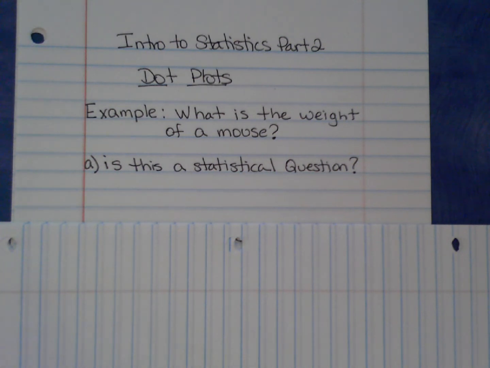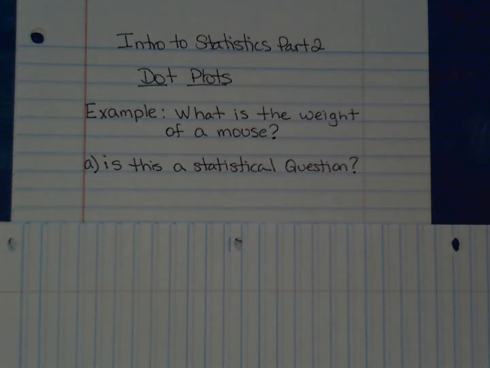So when you ask a question like, what is the weight of a mouse, you would expect to get some kind of a range, like what the low weight of a mouse might be and what the high weight might be. And since you're going to get a range, that tells you that it's variety. And if there's variety in the answers to that question, it is a statistical question.